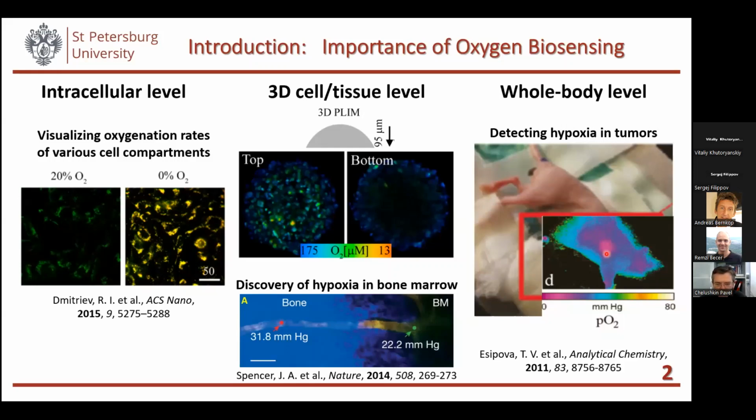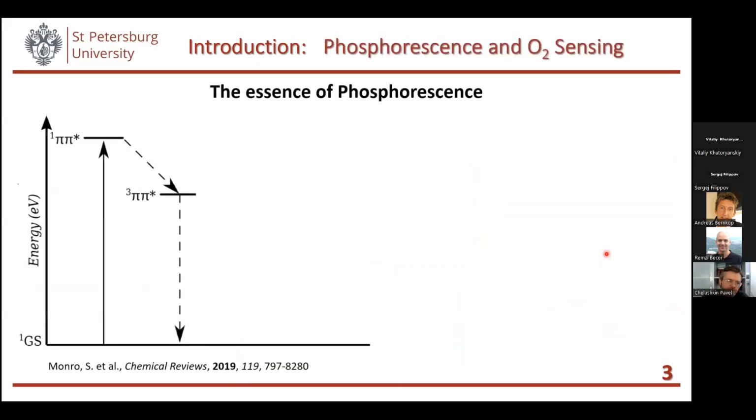And if we talk about different ways to visualize oxygen, we will find that one of the most convenient ways is to use phosphorescence. By definition, phosphorescence is a type of luminescence that arises from excited triplet states.